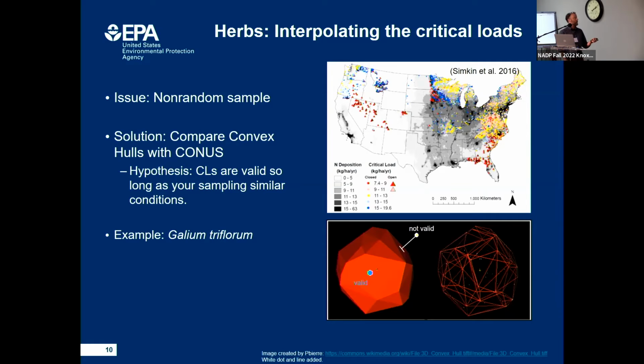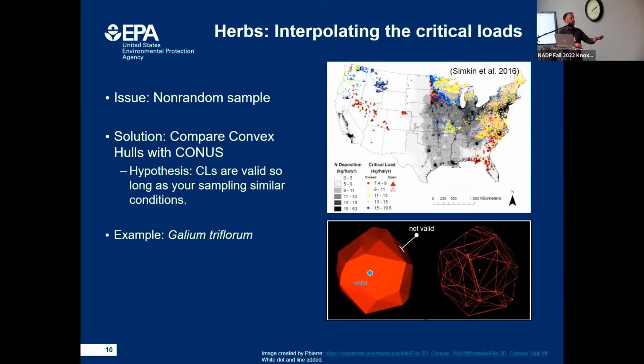So what we're doing is we're using convex hulls where we hypothesize that if there are areas in the country, like here, that are ecologically similar to other areas of the country where we do have data, like there, how far outside of that condition space are we?